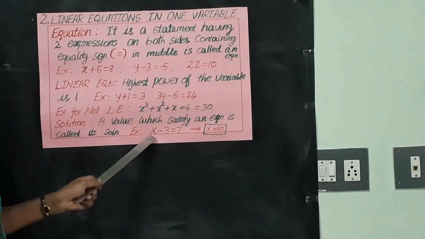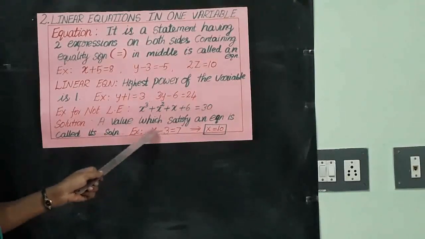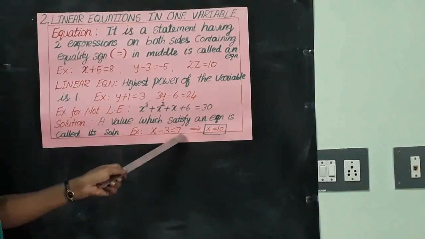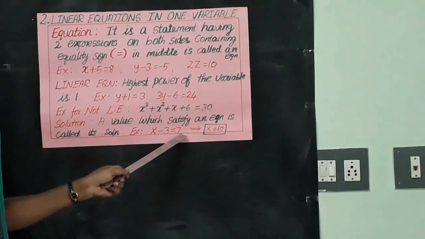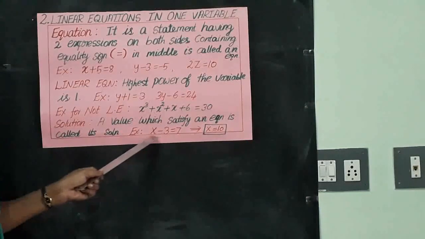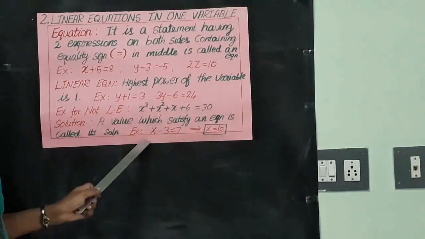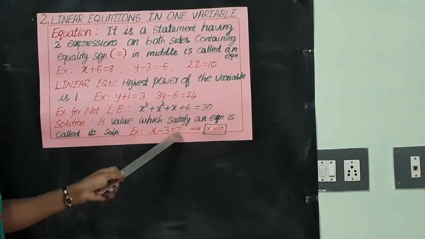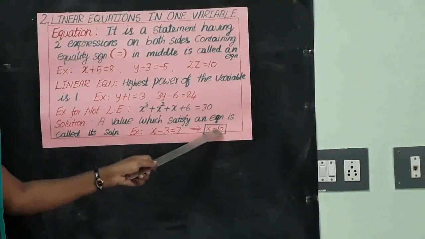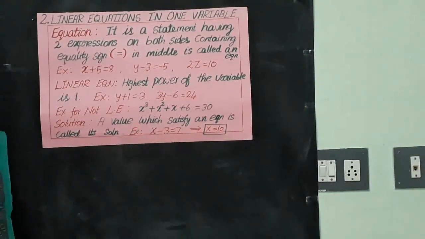If you put the x value as 10, after subtracting 3 from 10, you will get 7 as the answer. Understood? So which is the solution for the variable x here? The solution for this equation is 10 only. Clear? 10 minus 3 is 7. So here 10 is called the solution of this equation. Understood?